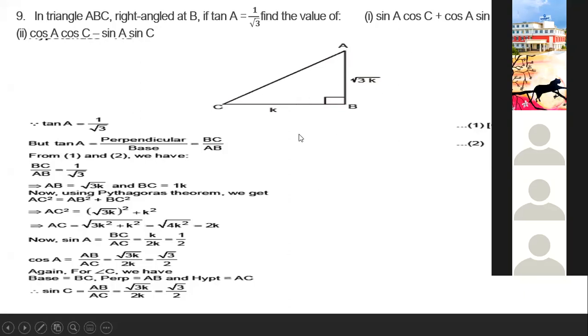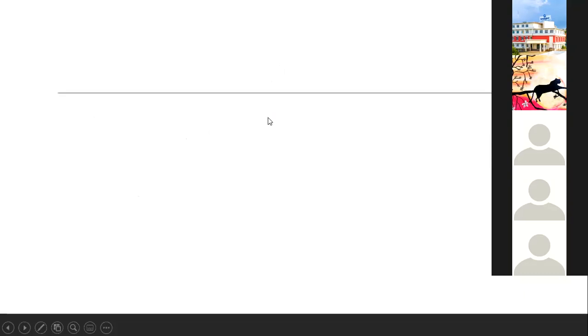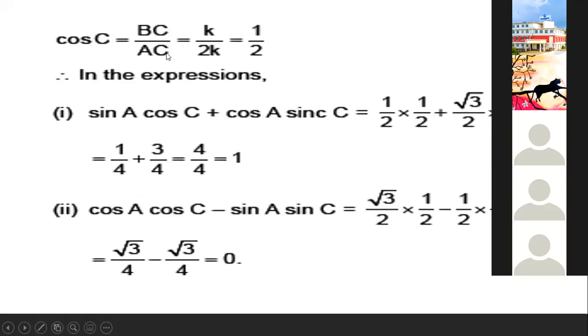Then cos A is adjacent by hypotenuse, that is root 3 by 2. Am I clear, children? Then sin C, with respect to angle C, is opposite by hypotenuse, that is root 3 by 2. Cos C is adjacent by hypotenuse, which is 1 by 2.